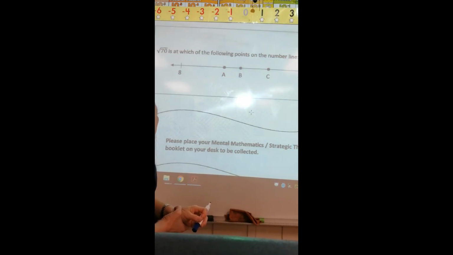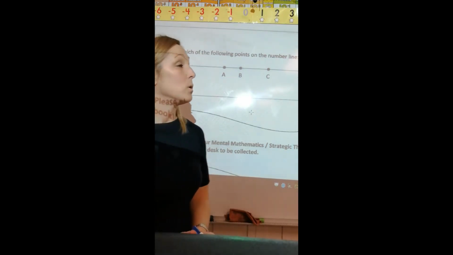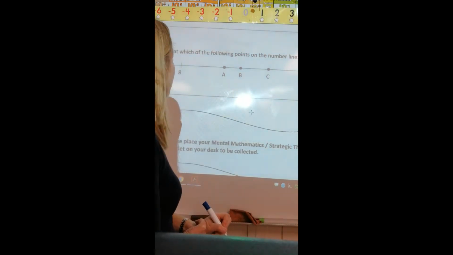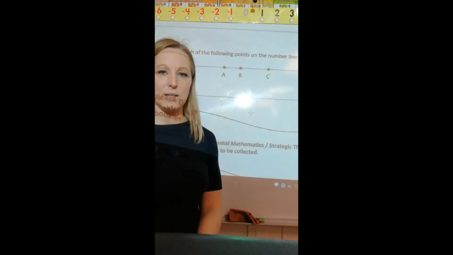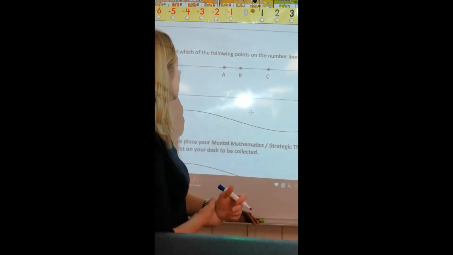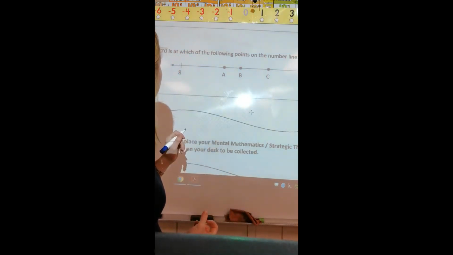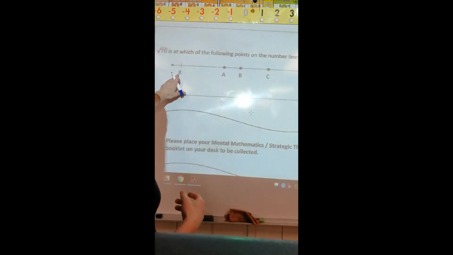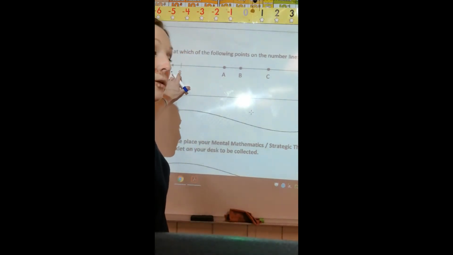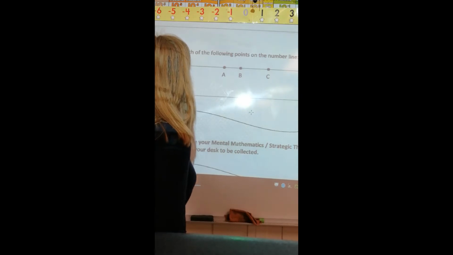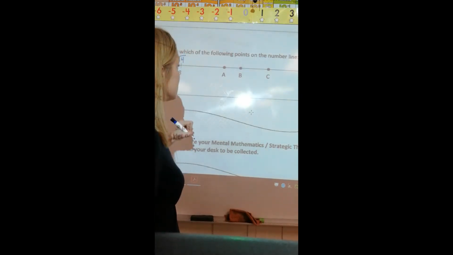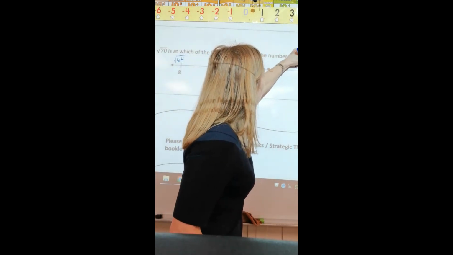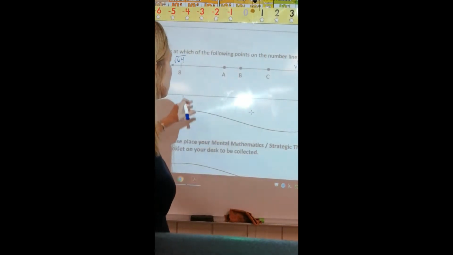Last question. The square root of 70 is at which of the following points on the number line? All right. Well, if I think about the square root of 70, if I look here, I know that 8 squared is 64. 9 squared would be 81.